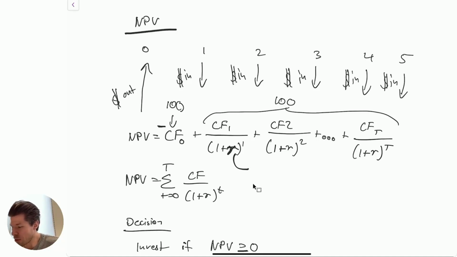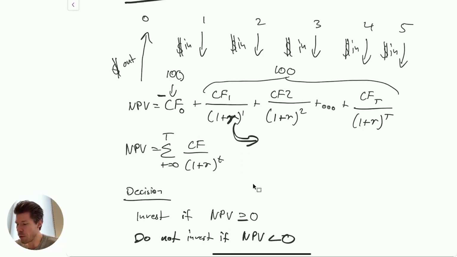So the discount rate always includes your hurdle rate, which means even if your NPV is 0, you have discounted your cash flows already at a rate that compensates you for initially investing.